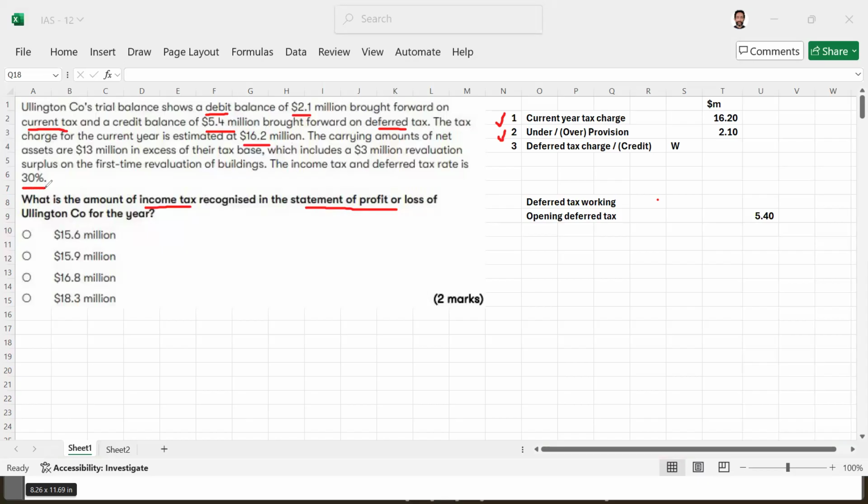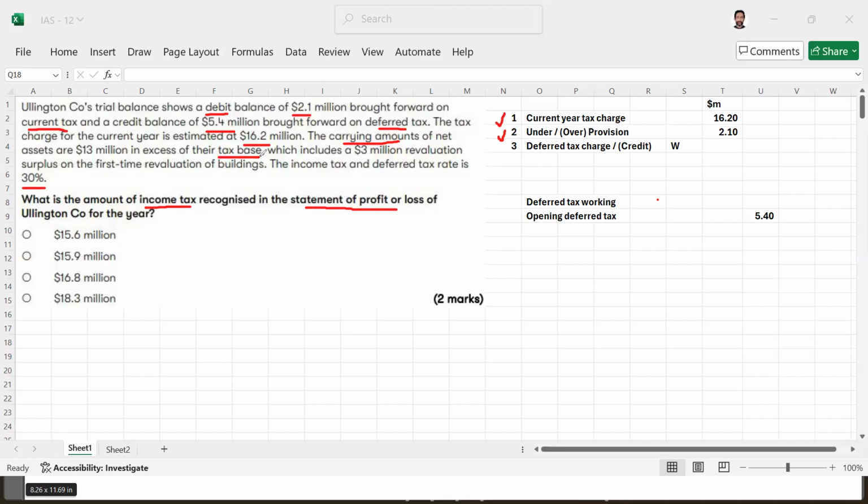Usually this happens, the carrying amount is higher as compared to the tax base. Here they say that the carrying amount of the net assets are 13 million in excess of the tax base. This is what normally happens, because the tax authorities are generous in giving the capital allowances. So tax base is usually low.